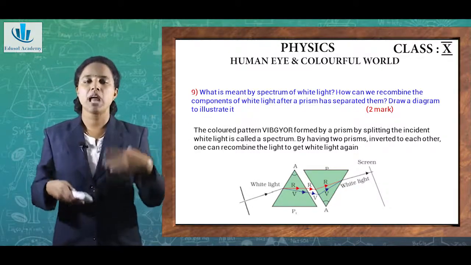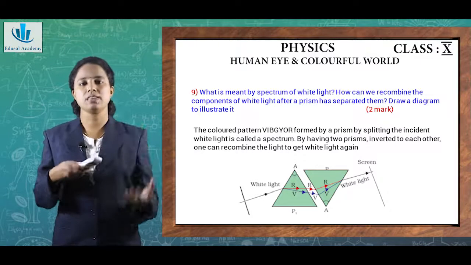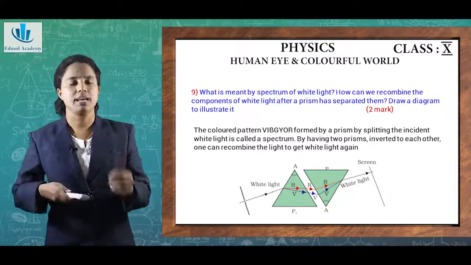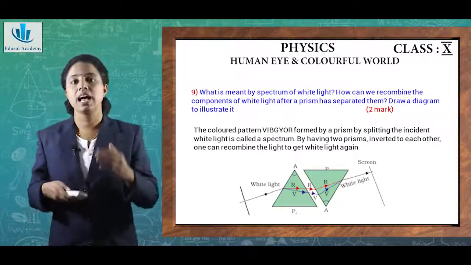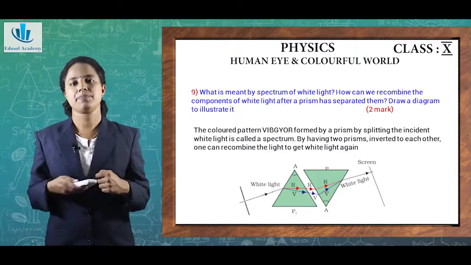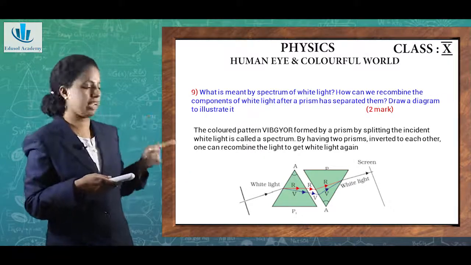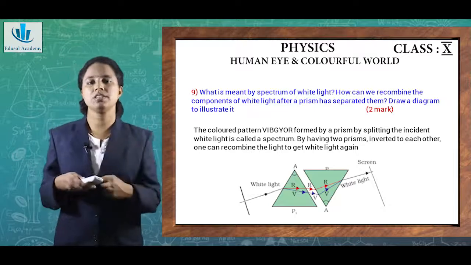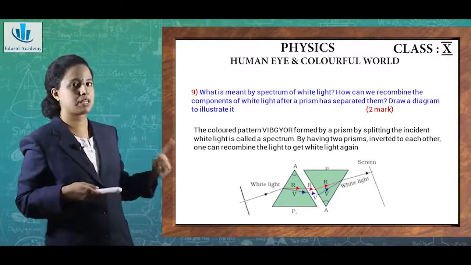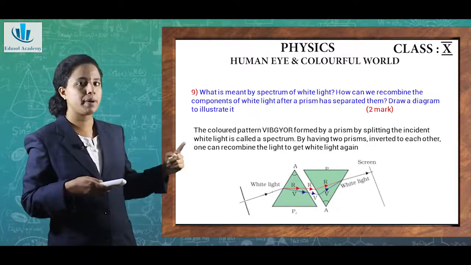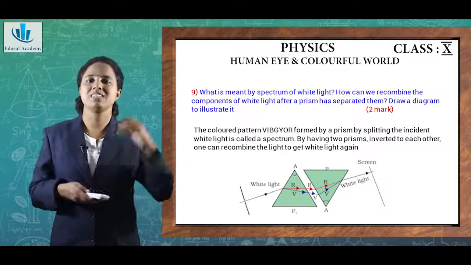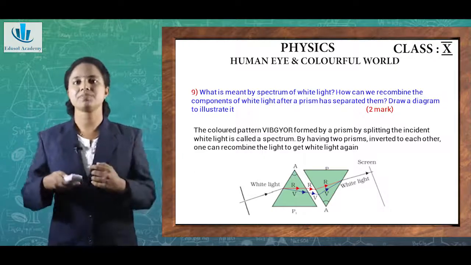Now, if we attempt to recombine these component colors again into white light, we need to place another prism, but that prism should be in an inverted position with respect to the first prism. So, if we place the second prism in an inverted position with respect to the first one, then this band of colors or spectrum of colors recombine, and on the other side of the inverted prism you will get a white light which can be obtained on a screen.